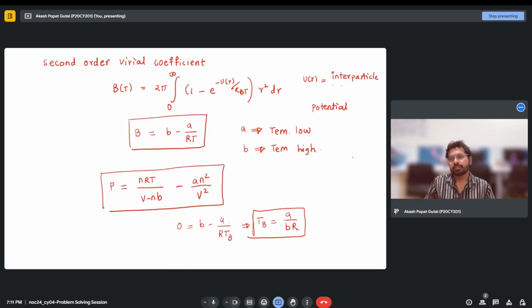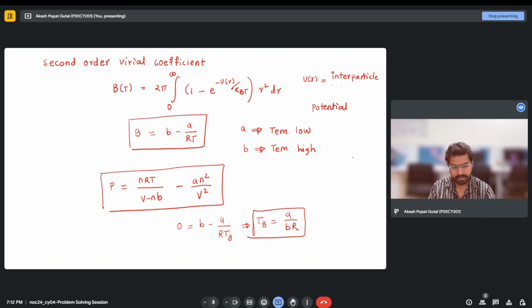Then we have seen the second order virial coefficient, that is B, which we have determined. For our discussion session, we discussed the functional form of B of T, the second order virial coefficient, and how it depends on the interparticle potential.